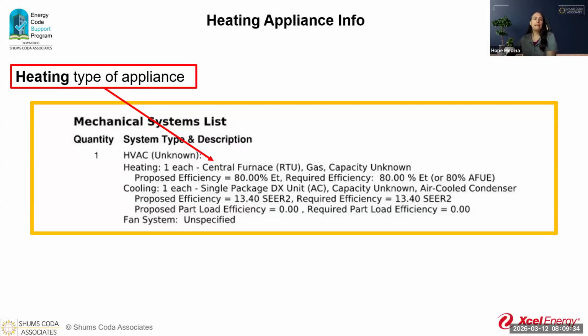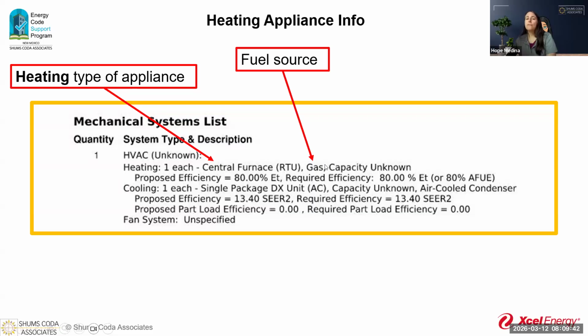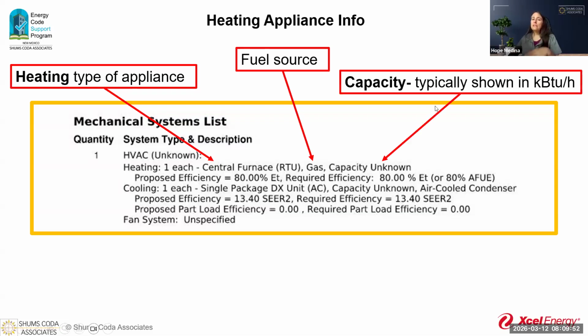So our heating, our type of appliance, this is the central furnace, right? Then it also lets us know what our fuel source is. It's gas. So if you don't see any gas lines being run, I would question it, right? Now, typically, this should list what the capacity is.